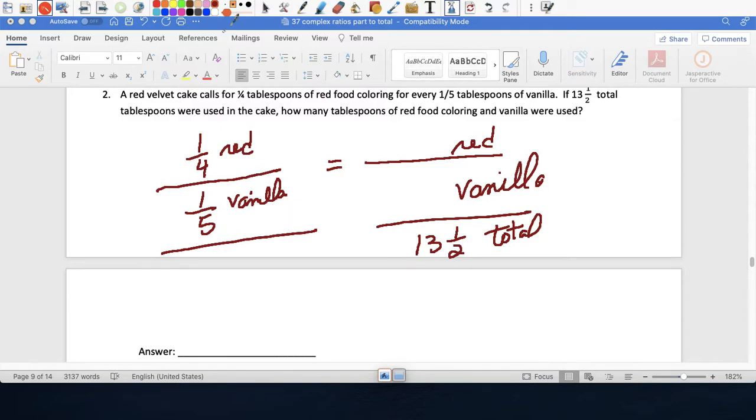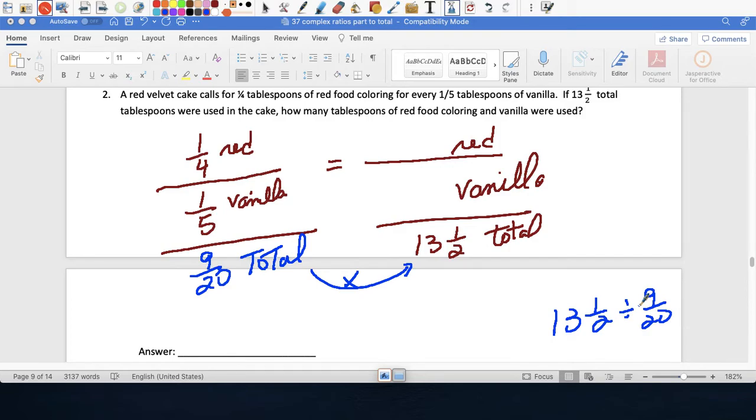Well, one thing we need to do right now is find the total here. So if I add 1/4 plus 1/5, I'm going to get 9 over 20. So we need to find that multiplier here. We take 13.5 divided by 9/20, and our multiplier is times 30.